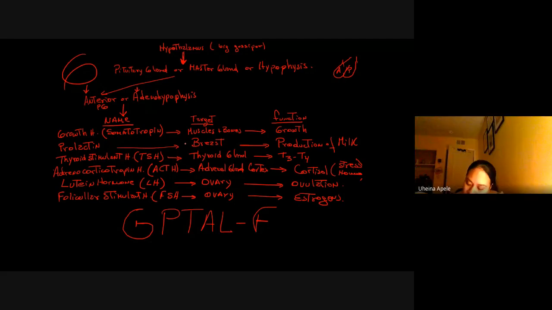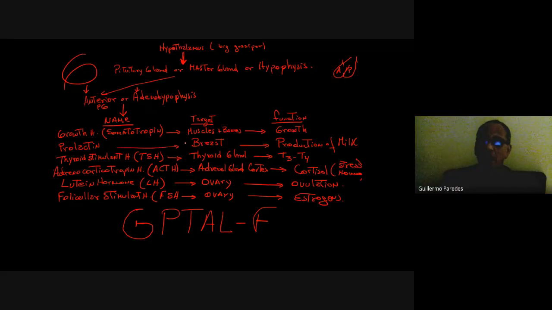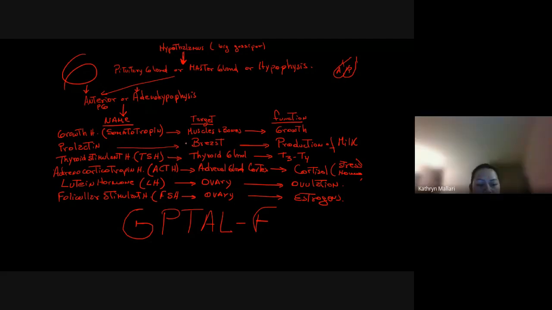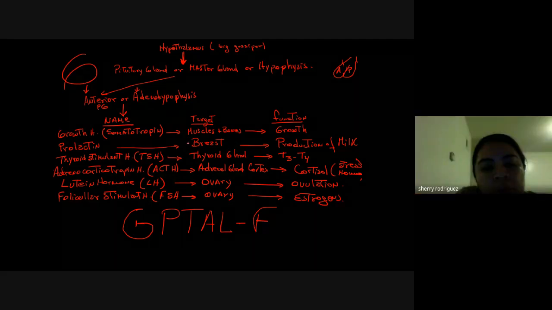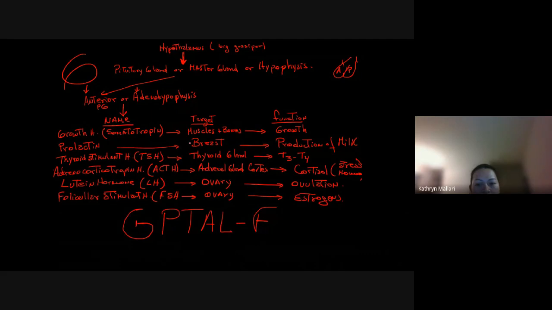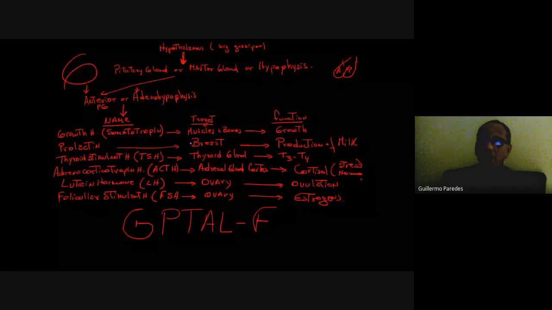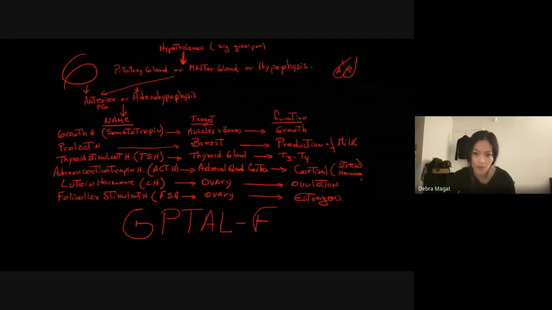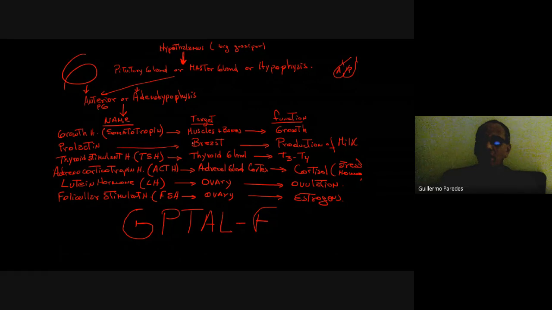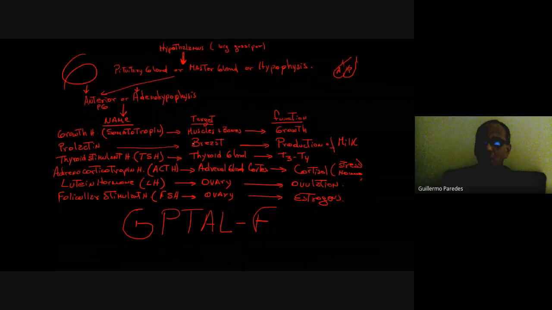ACTH. Okay, everybody repeat with me. Adreno, adrenal. Cortico, cortical. Tropin hormone. Now tell me again.